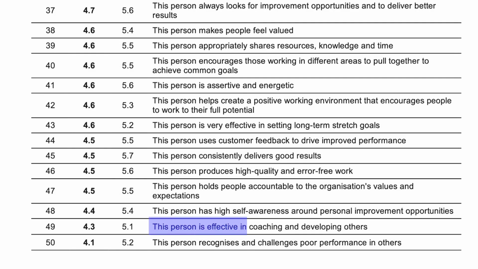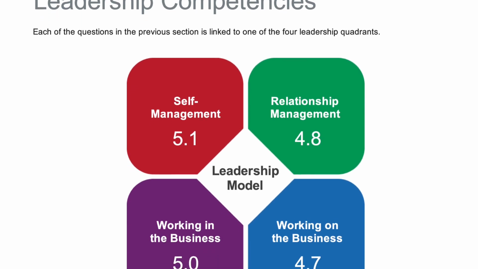In his case, I've identified the items that cluster together, such as, this person is effective in coaching and developing others, and this person challenges poor performance. Those 2 are directly related. So as I'm preparing to debrief, I'm thinking all the time, how am I going to deliver this news to Lee?